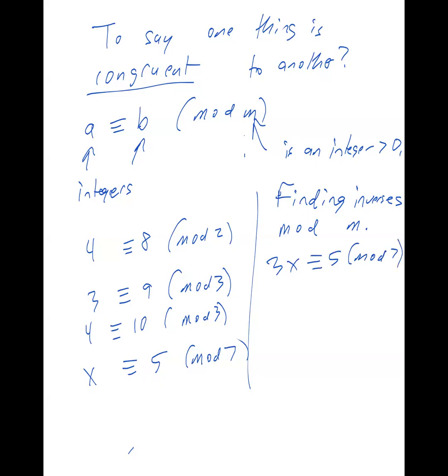Okay, now how do I solve for x? I cannot just divide by 3 and say x equals 5/3. Because we're working only with integers right now. So for one thing, you get a fraction. We need to find a solution that's an integer, and it has to be congruent to something mod 7.